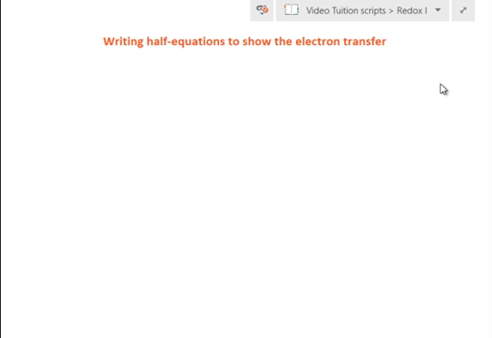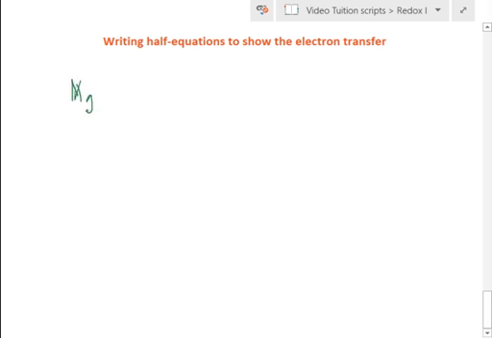And when we say half equation, what are we talking about? Let's use this reaction as an example. So this one will be a guide for us. Reaction between magnesium and oxygen to give magnesium oxide.